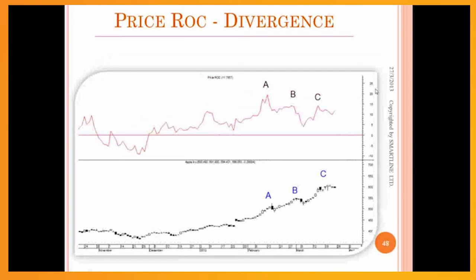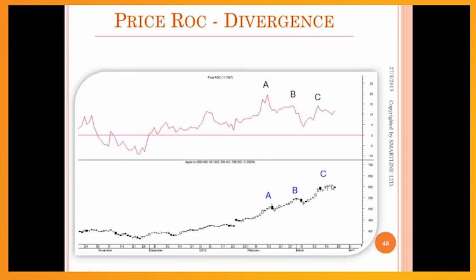The problem with the divergences is that we can continue going higher and still have divergences. That's why, during my trading and trying to solve this problem, I was looking for something a little bit more accurate, or at least something that tells me approximately where the top of this market will be.